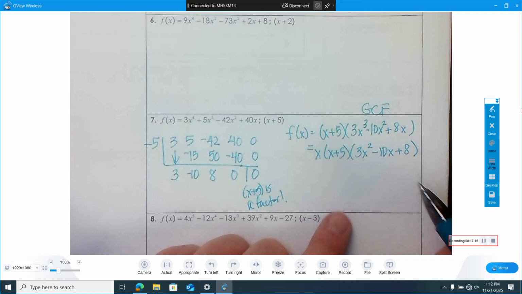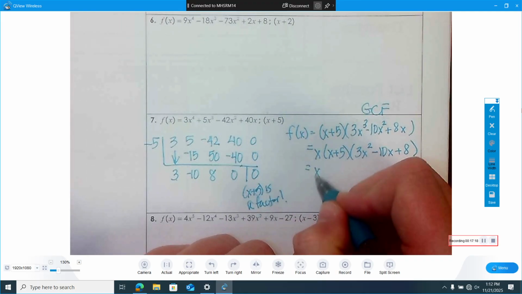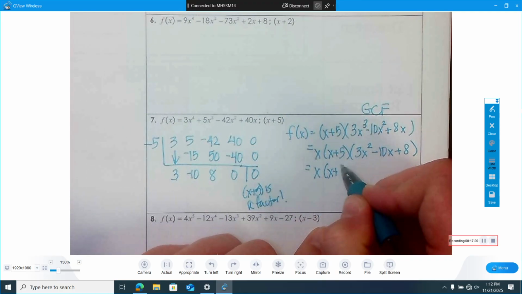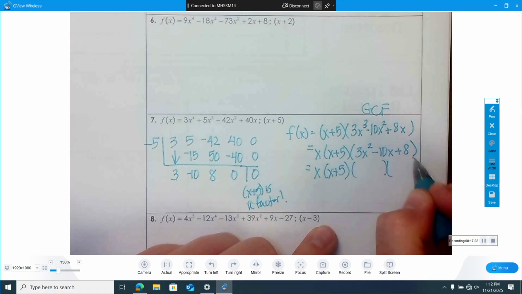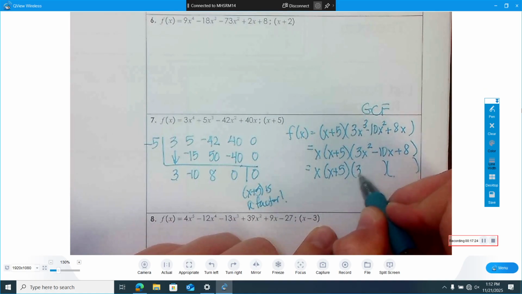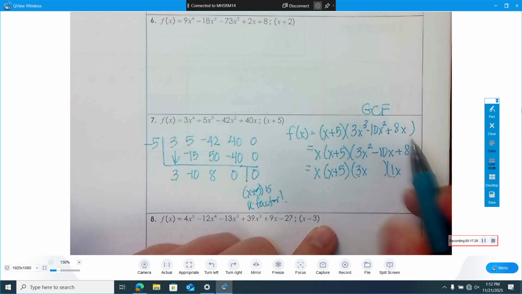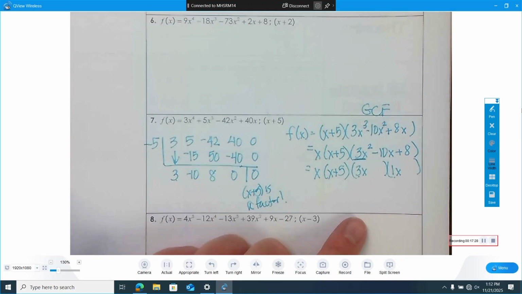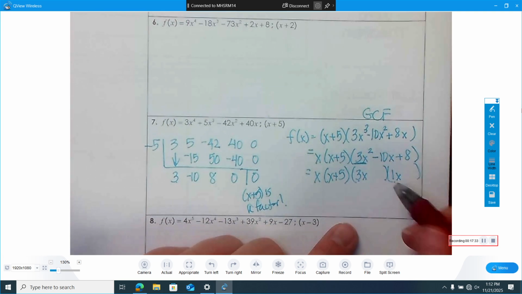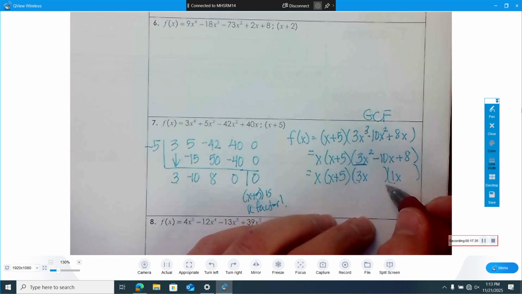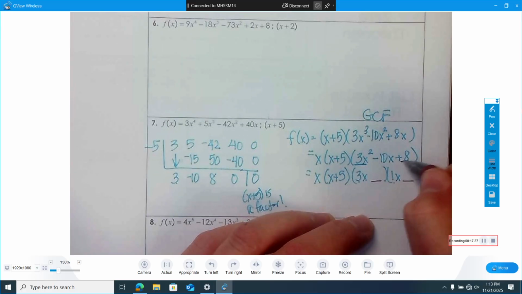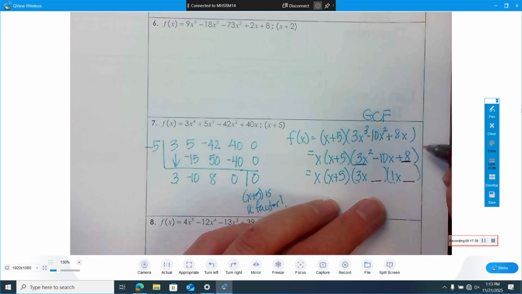And here we can double bubble the hard trinomial, but that's okay. All right. 3x times 1x is our only option to get that 3x squared. Last times last has to be positive 8. 3 and 2 is 6. 4 and 2.